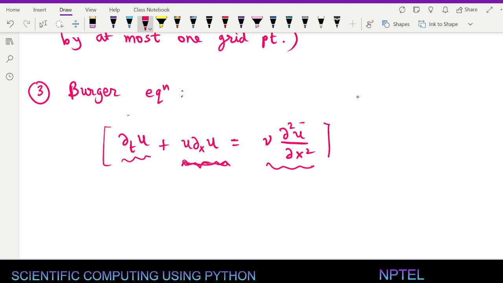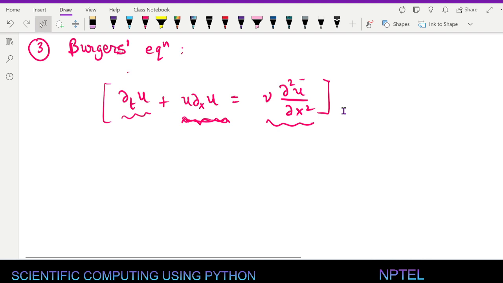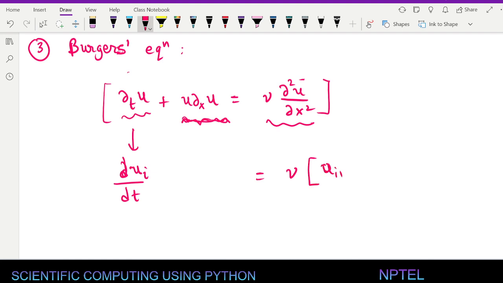That's why it's called the burger equation. Except that it's not, I'm just kidding. It's actually named after a guy called Burgers. But again, the idea is that this becomes du i by dt, and this is just nu times u i plus 1 plus u i minus 1 minus 2 u i divided by h square.